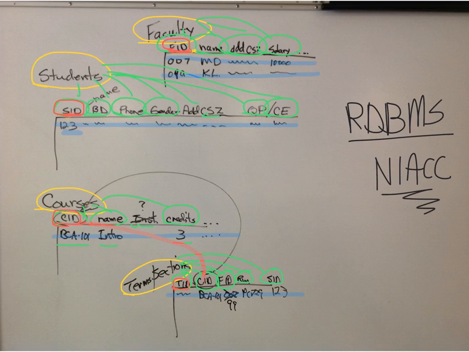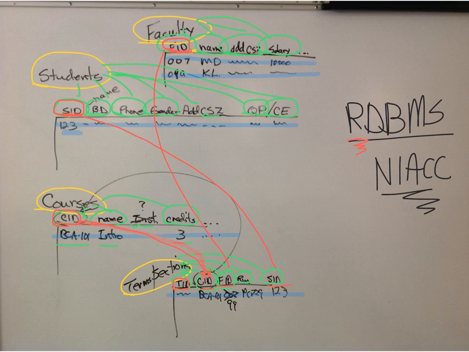I'm going to change that a little bit. Course ID, down here, it's in another table. So it's a primary key in another table. We're building a relationship between them. And here it's a foreign key. Put this in another table. Down here it's a foreign key. This in another table. Down here it's a foreign key.